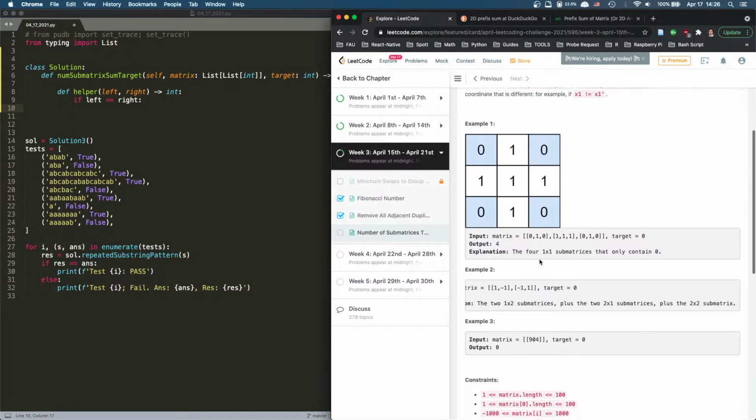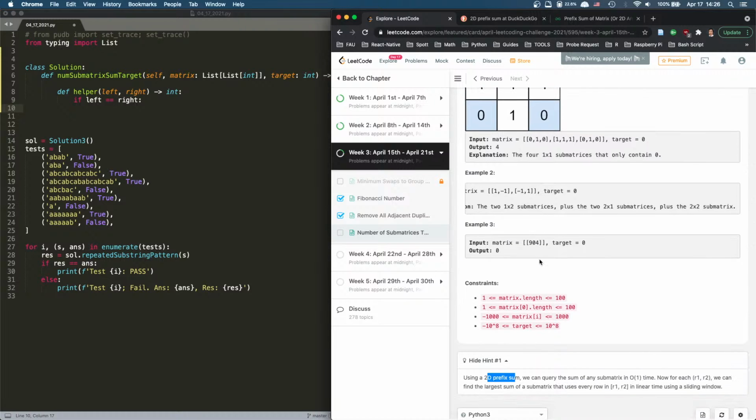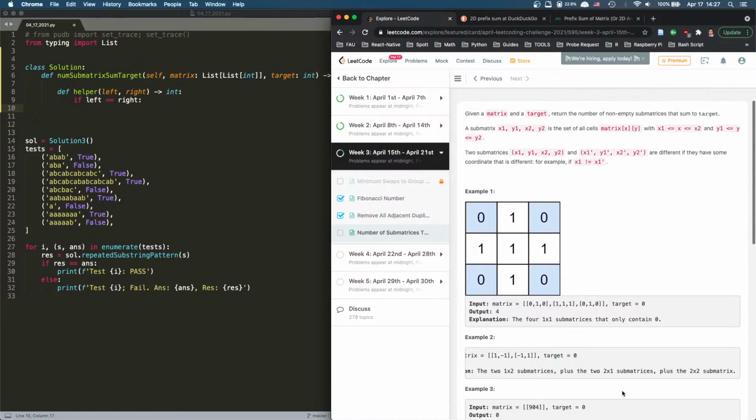But the sliding window is still to find the largest sum. Why would you use the largest sum? In linear time, find the largest sum of a submatrix that uses every row in row 1 to row 2. Well, what would happen if I find the largest sum? Yeah, we can find it in linear time using every row.